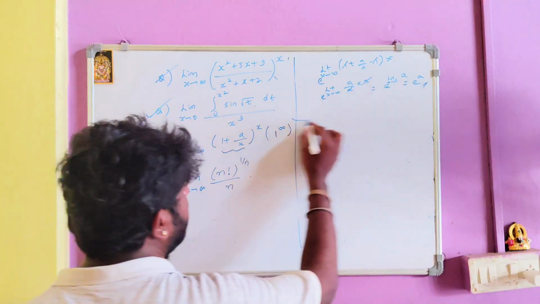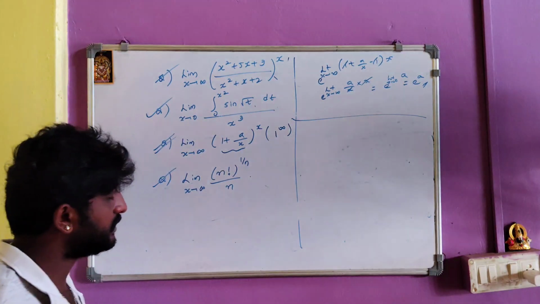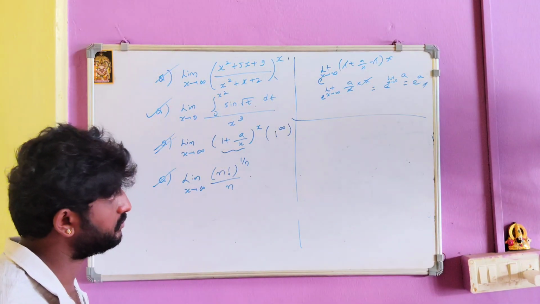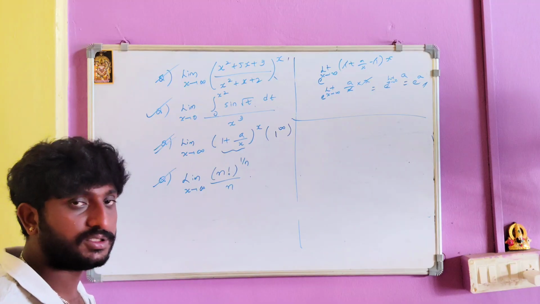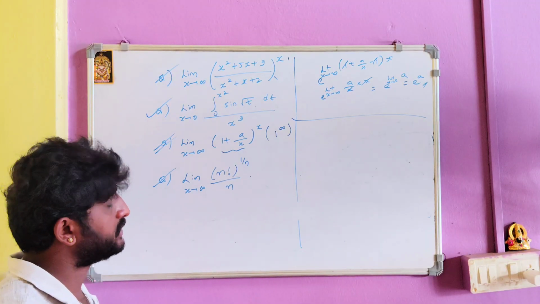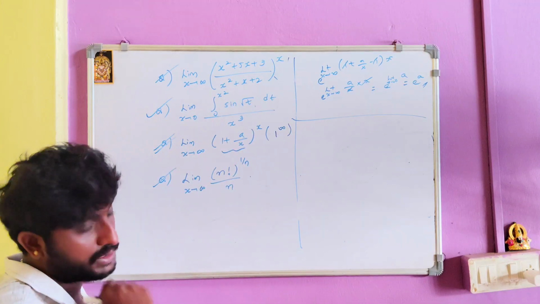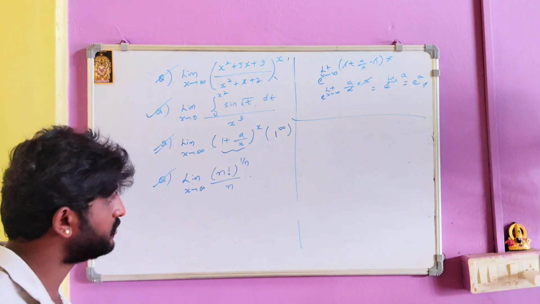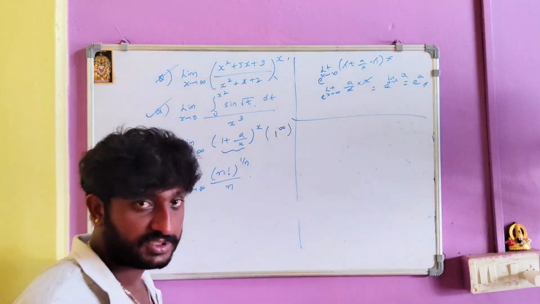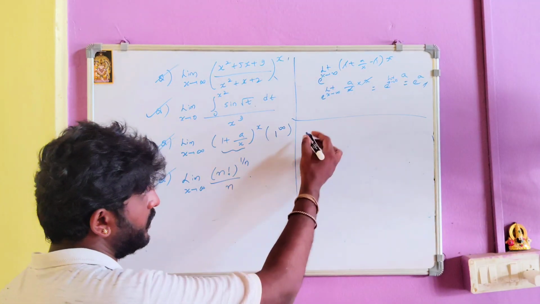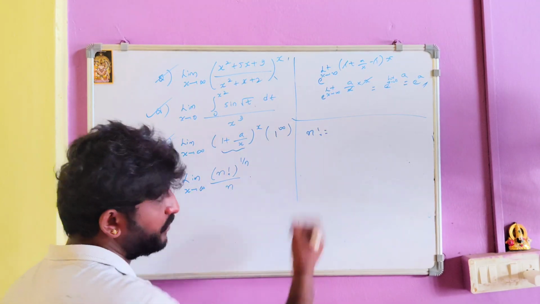And finally, this is a somewhat interesting question. Instead of using the previous methods, I'm going to give one shortcut trick, n factorial. What is n factorial?